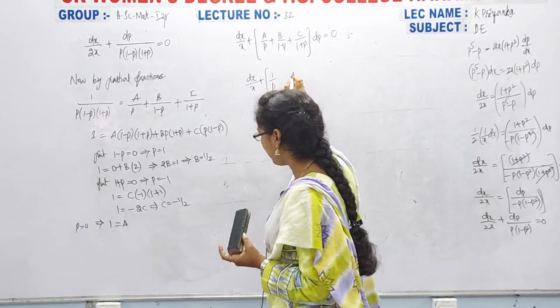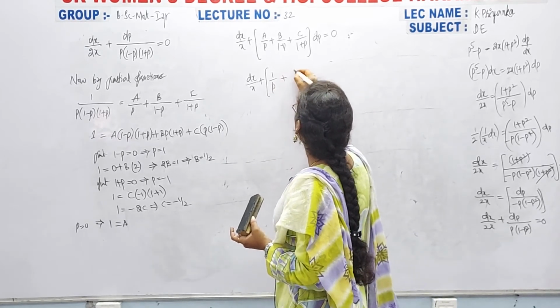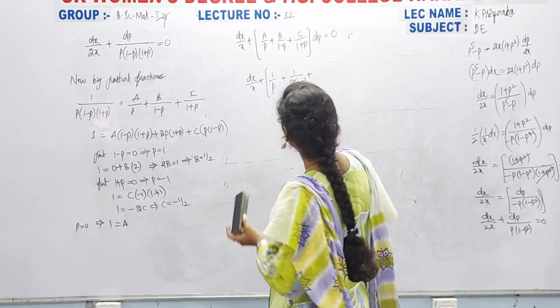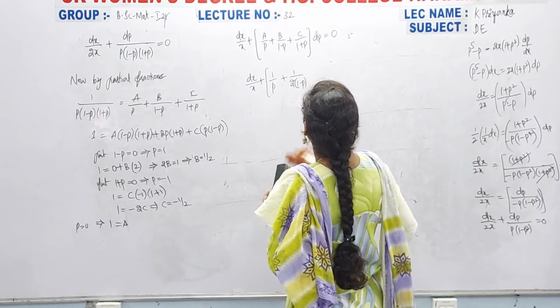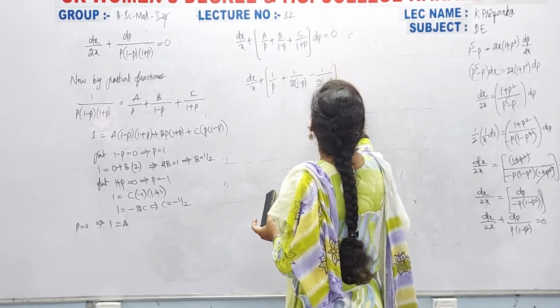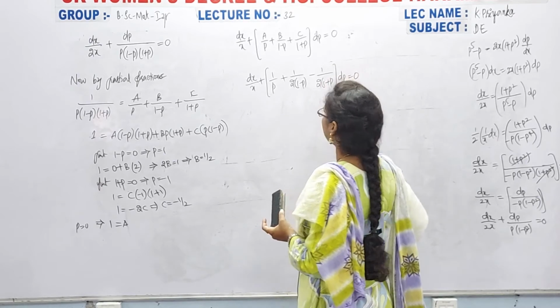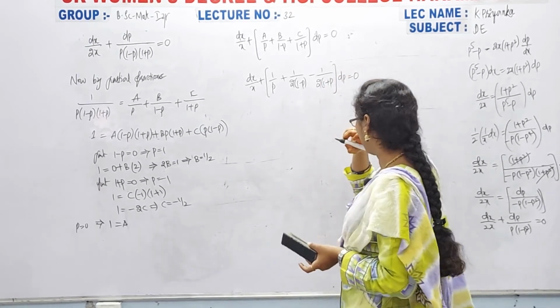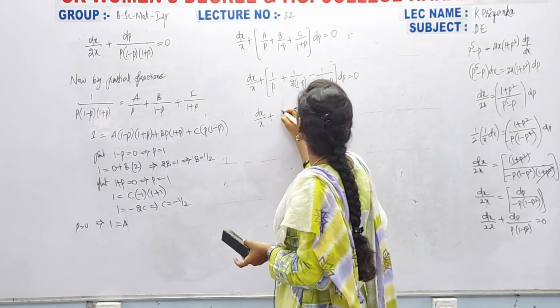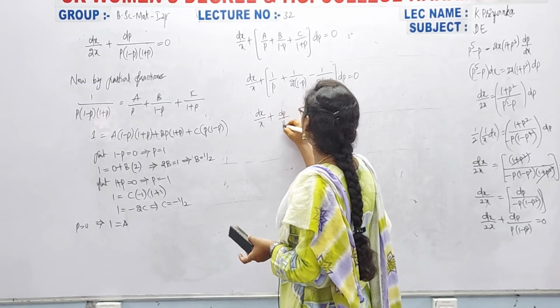Next, here the b value is 1 by 2, equal to 0. Now simply here I am checking dx by x plus dp by p.